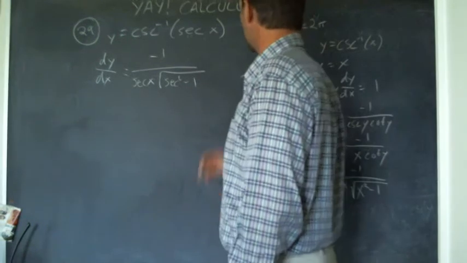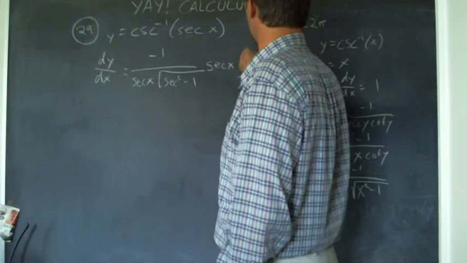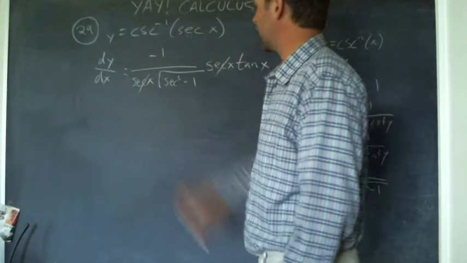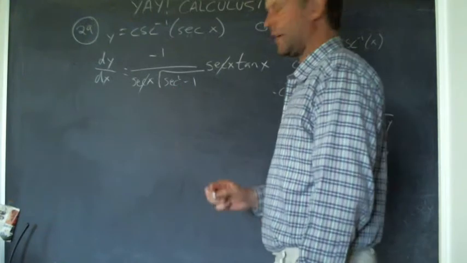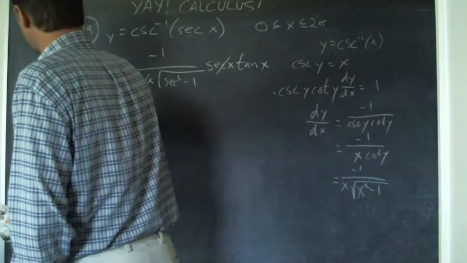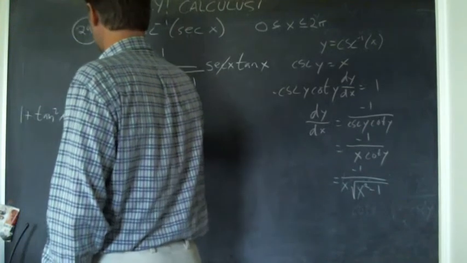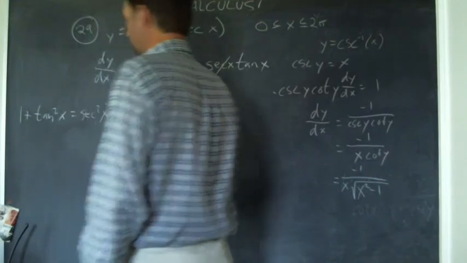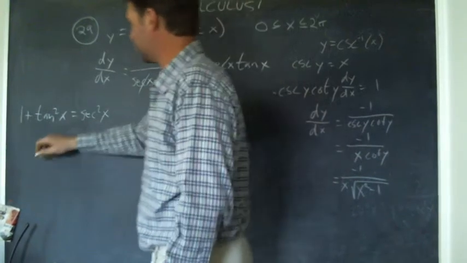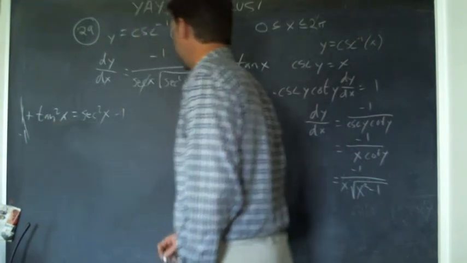Derivative of secant is secant tangent, which is convenient because those two secants will cancel. Secant squared minus 1, I can't remember if that's a relationship or not. So I'll write down the relationship as I know it. I know that 1 plus tangent squared of x equals secant squared of x, which is one of our Pythagorean identities. And yes, secant squared minus 1, we subtract 1 from both sides, just equals tangent squared.